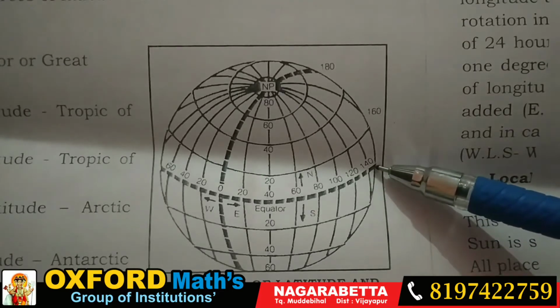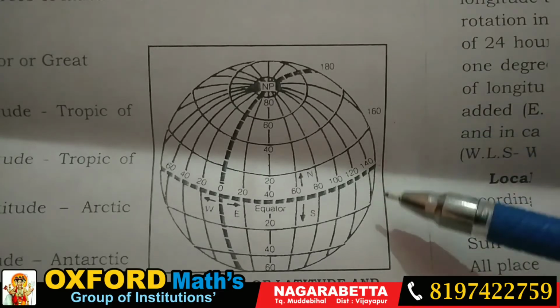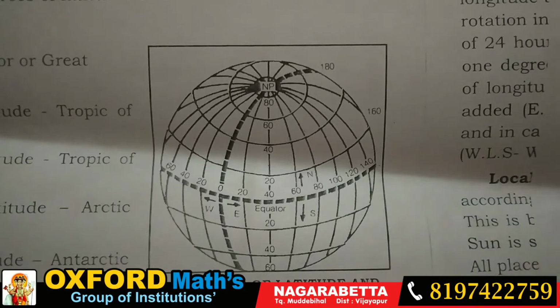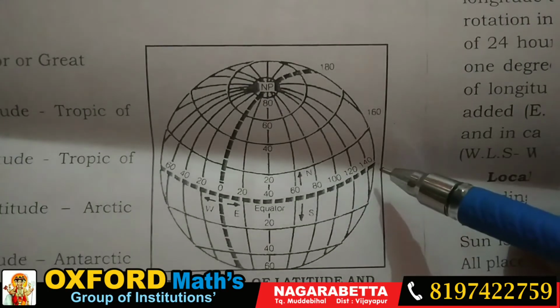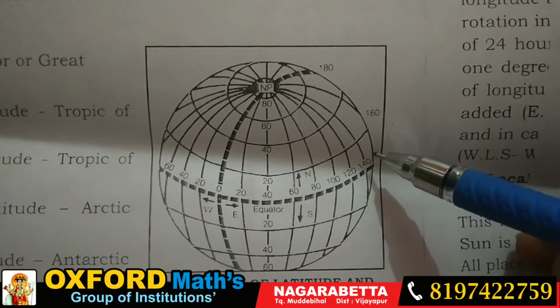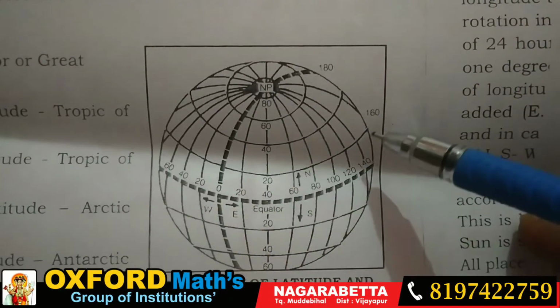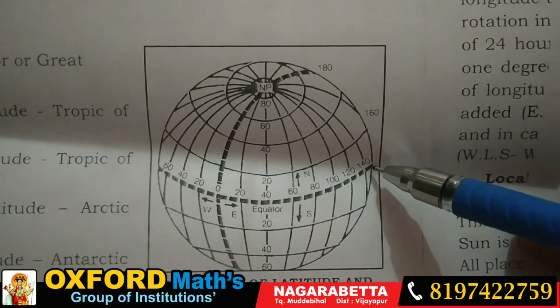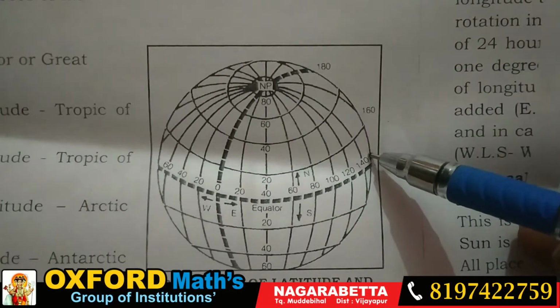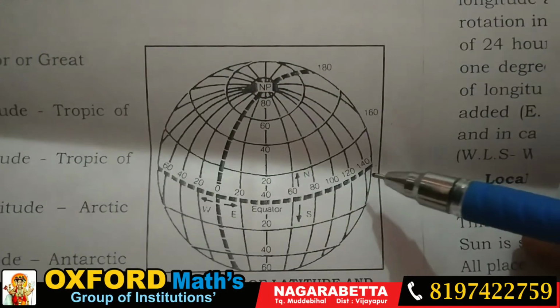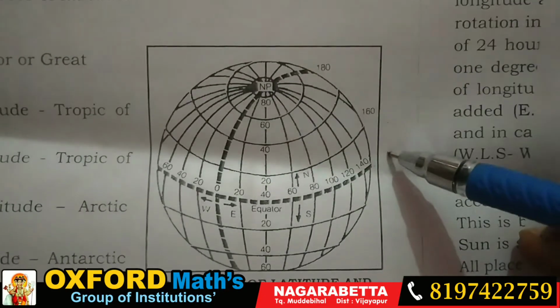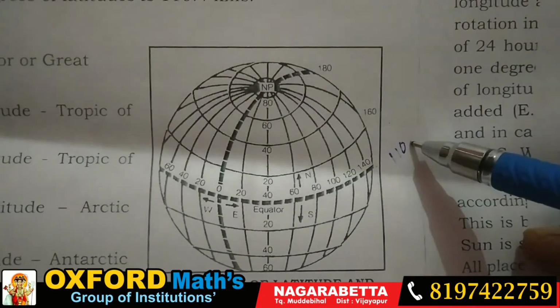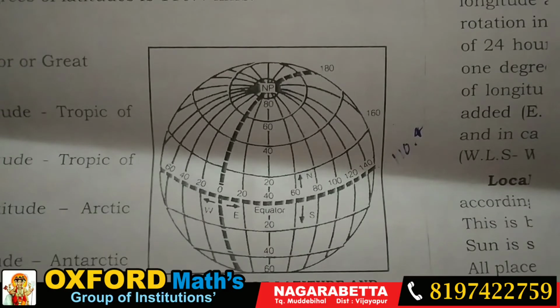The distance between 0 and 1 degree of latitude is 110 kilometers. How much? For 0 to 1 degree, when you draw a horizontal line, and 0 to 1 degree of a longitudinal line, the distance is 110.4 kilometers.